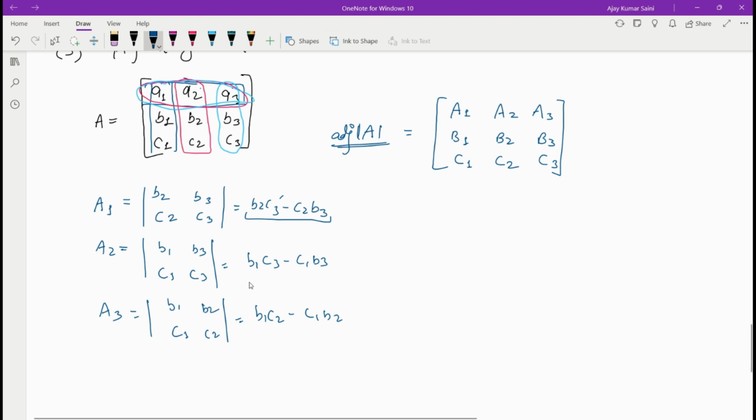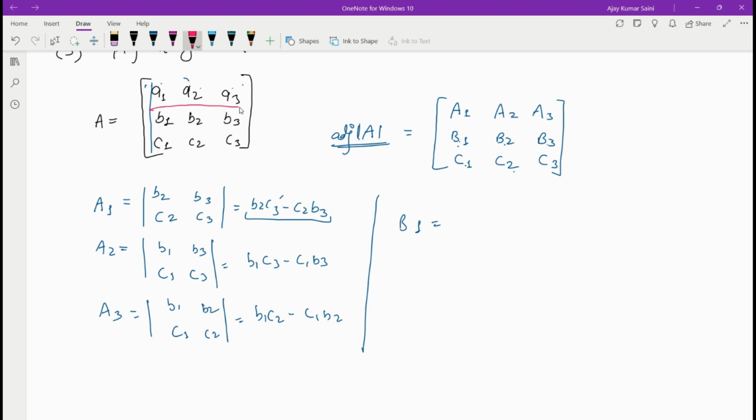Okay. So we can do the same for b1, b2, b3, c1, c2, c3. So for b1 what I take is this row and this column.